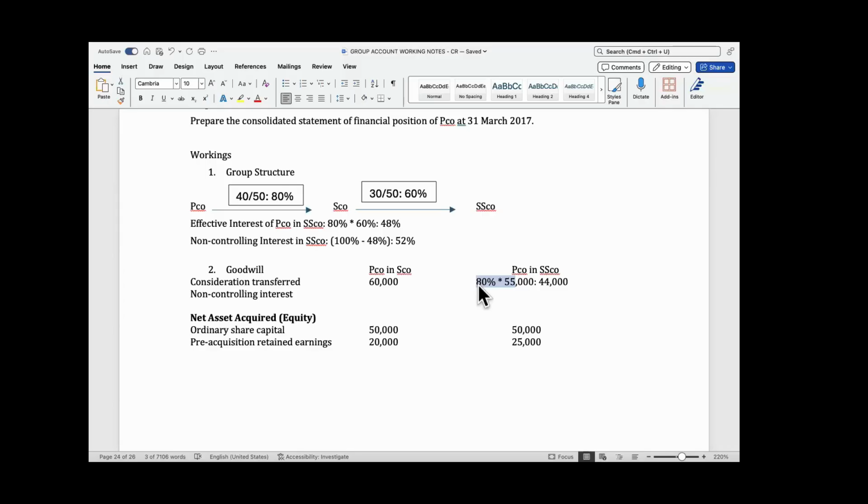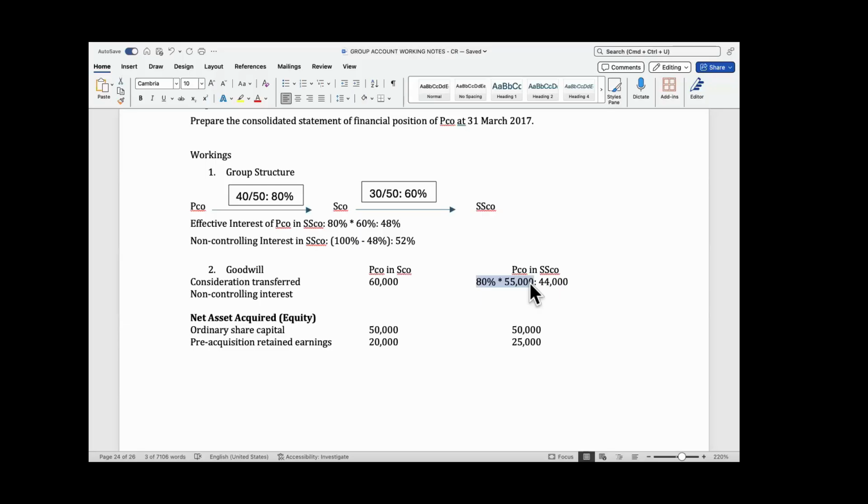I'm just starting. What I really need you to understand, like the way Jacob explained, for this consideration transferred, the principle is simple. ESCO paid 55,000 to SSCO. Since ESCO pays 55,000 to SSCO, and it's not ESCO that is consolidating, it's PICO. And we know that in SSCO, PICO has 48%. But PICO didn't pay to SSCO. It was ESCO that paid 55,000.